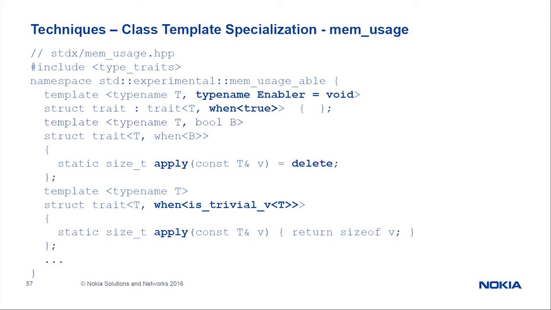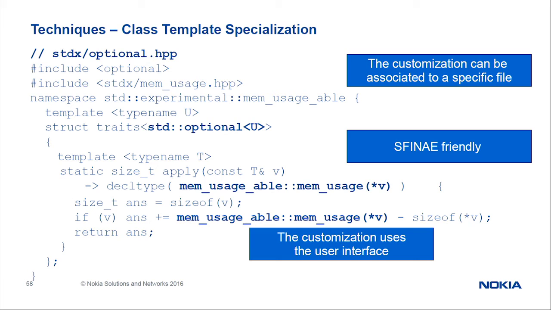When it is trivial, we return type size of. For example, for optional, here is the. And one thing important is that this could be found in another file, okay? The specialization goes outside. It is not on the same file of the function. I forgot to do this remark.